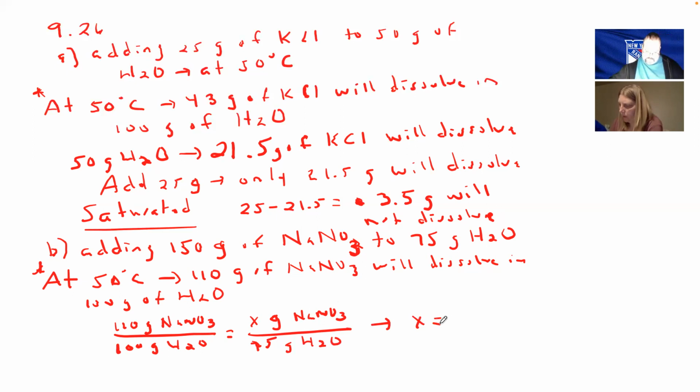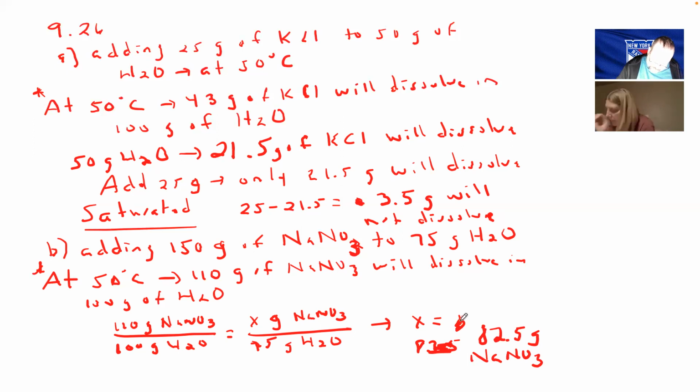So we cross multiply and divide: 75 times 110 divided by 100 gives 82.5 grams of the sodium nitrate.